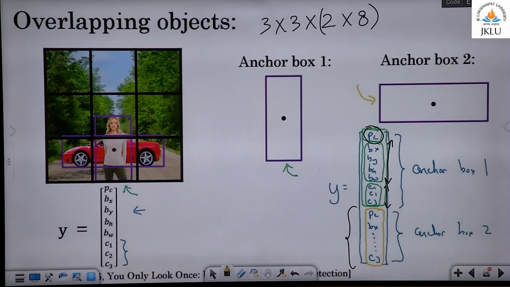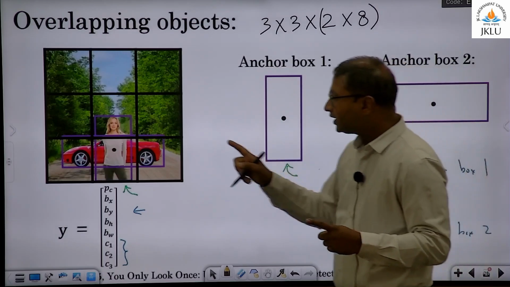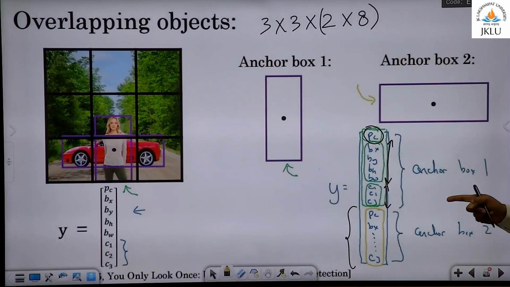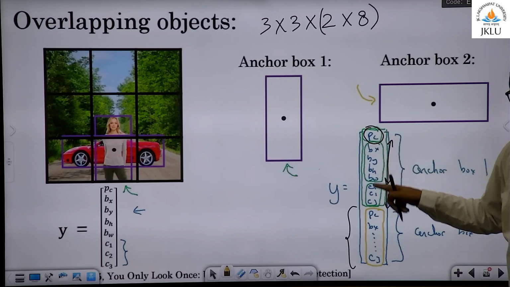Alright, so now tell me, how many objects can this particular algorithm detect in this whole image or in one grid cell? Now in one grid cell, which part will detect the pedestrian? Anchor box 1.